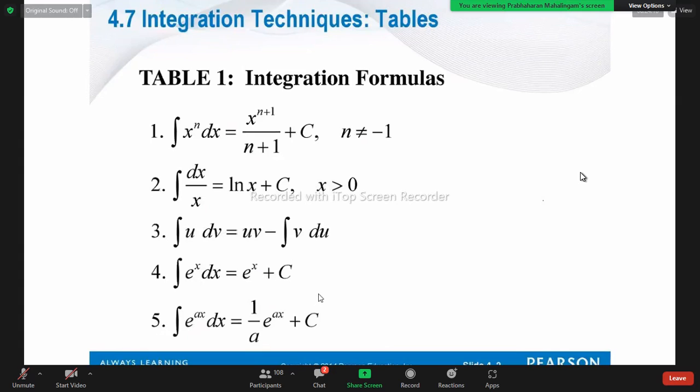University is less competitive. A level is highly competitive. They know mathematics very well. So this part is very simple, called simple integration.